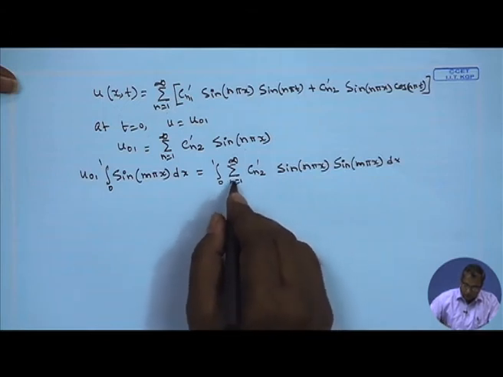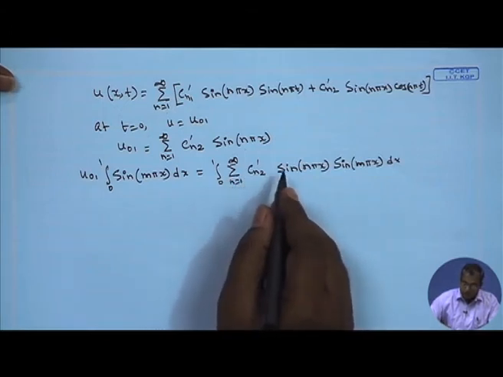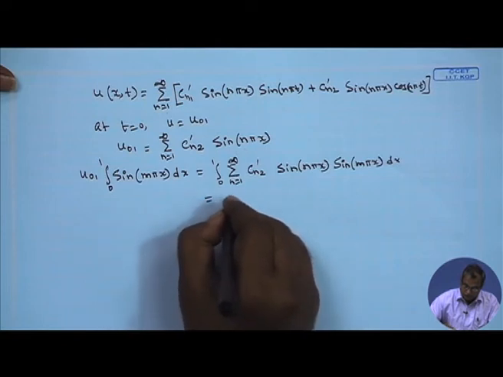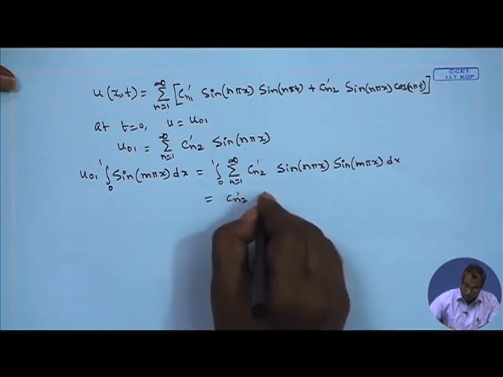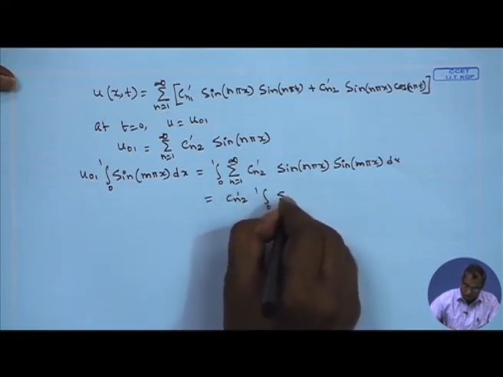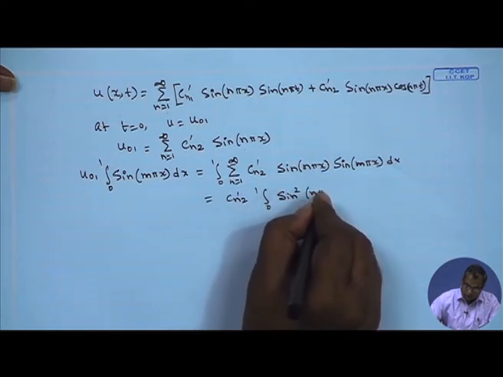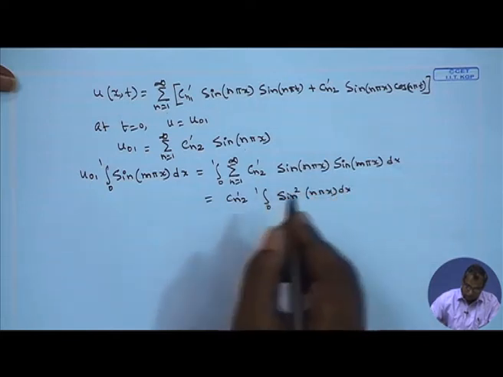If we open up the summation series, all the terms will vanish, only one term will survive, that will be when n is equal to m. So, it will be the integral from 0 to 1 of sin square n pi x dx.